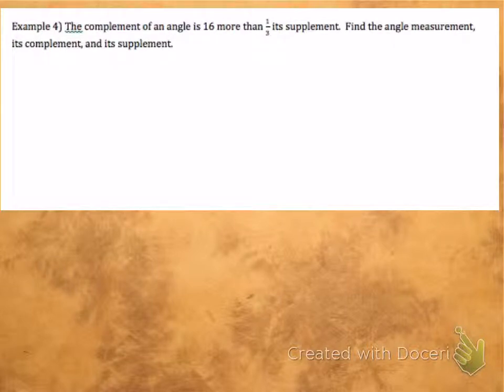Next, looking at example 4, it says the complement of an angle is 16 more than 1/3 its supplement. Find the angle measurement, its complement, and its supplement. So again, we need to define our variable. So I'm going to use x as the basic angle measurement. And that would be in degrees.